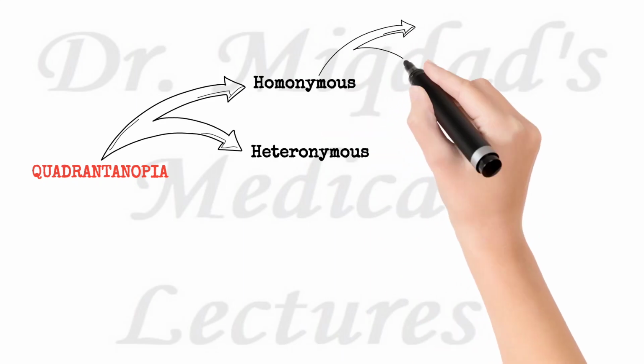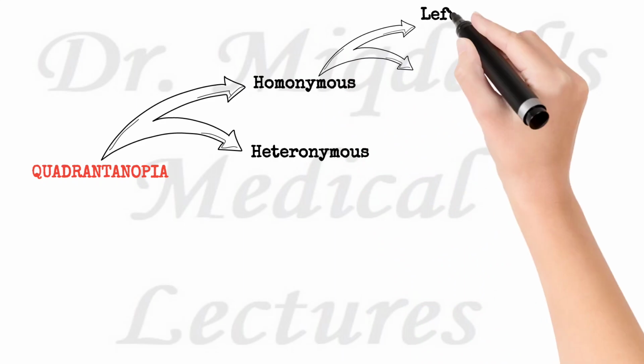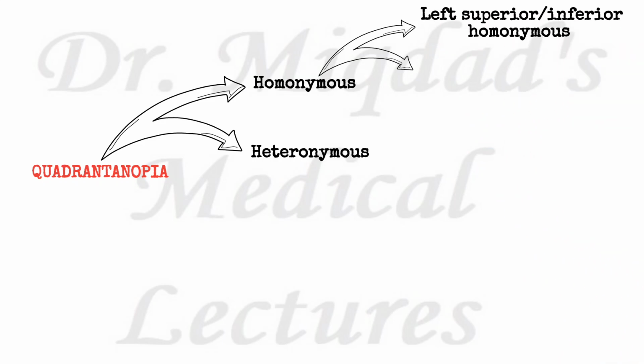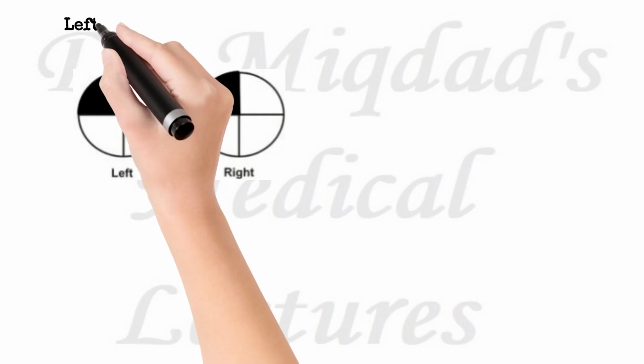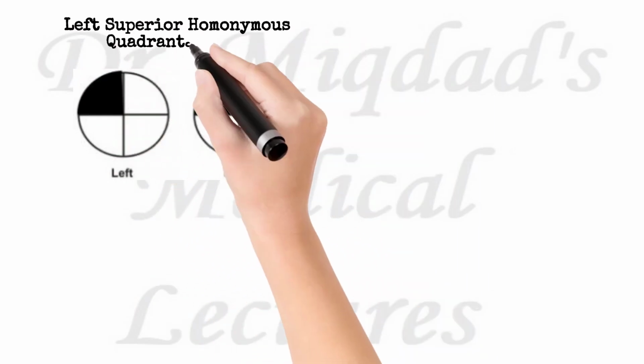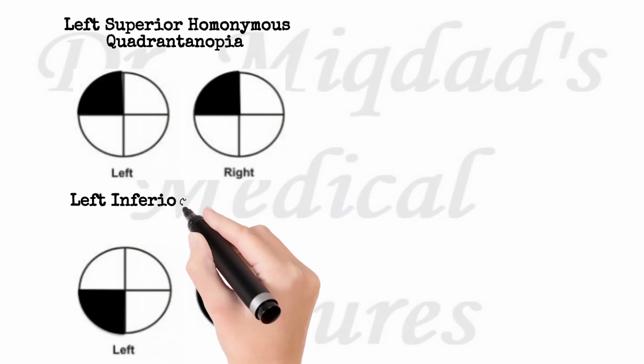Now coming to homonymous quadrant anopia, it may be left superior homonymous quadrant anopia, or it may be left inferior homonymous quadrant anopia with or without macular sparing, as shown in the images here.